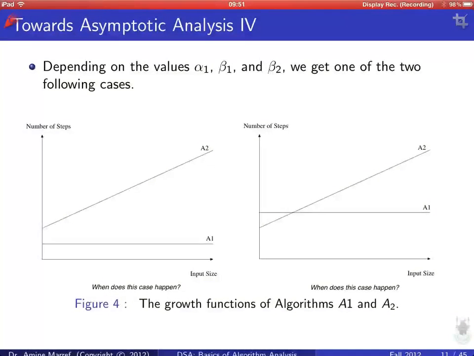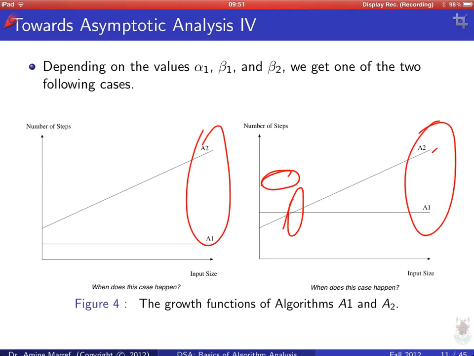Here, A2 is initially better than A1 in this range, but eventually A1 is better than A2 here, and so A1 is going to be better than A2. And we started developing this understanding of asymptotic complexity.